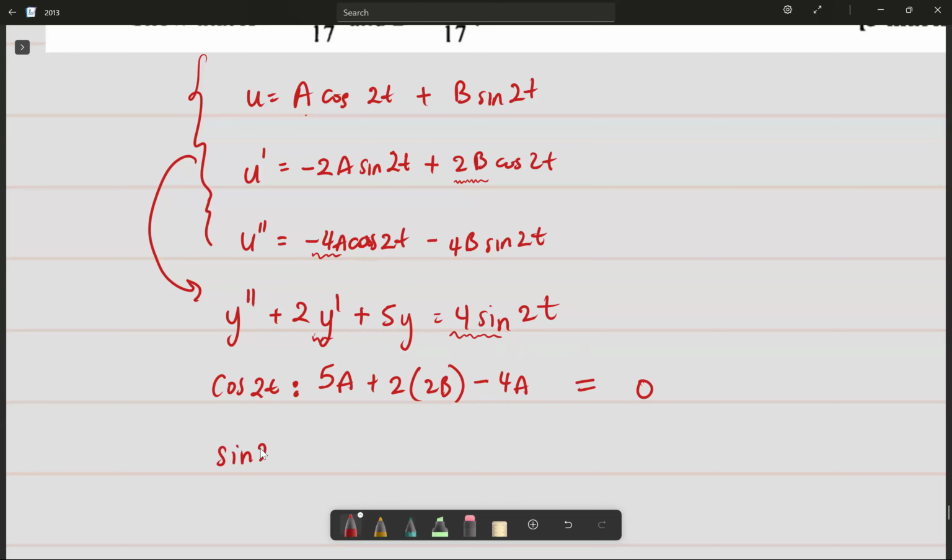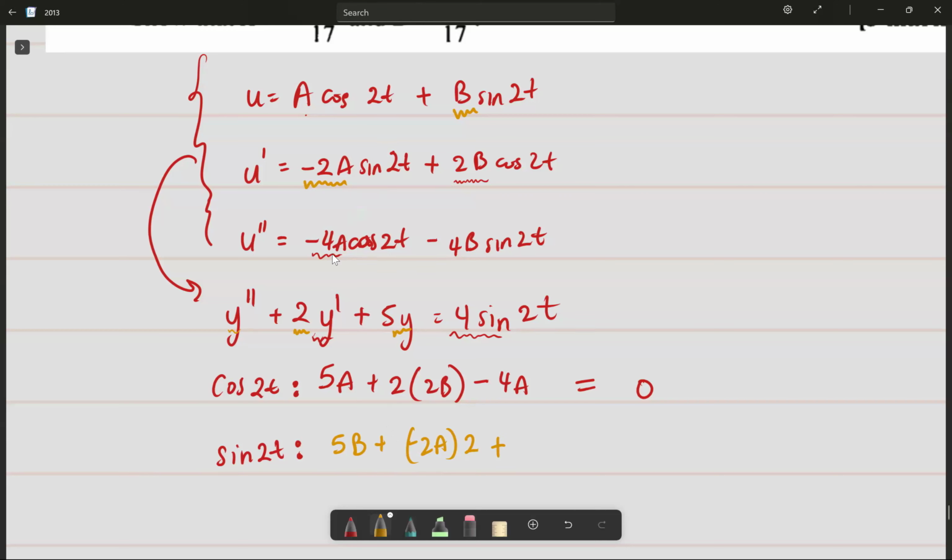For the sine 2t term, we're going to have a different color. We're going to have this b in this position, so that's going to be 5b. And then the sine 2t here is going to be negative 2a, but it's going to be in this position, so there's going to be a 2 in front of it.